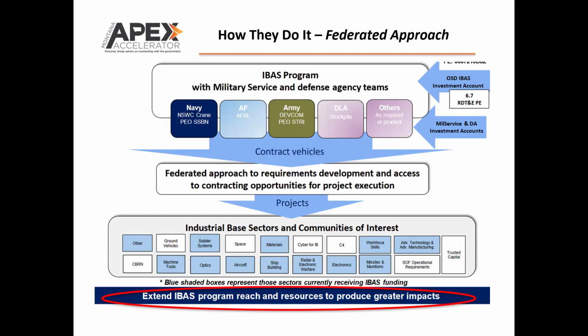The outcomes to the federated approach will be to extend IBIS program reach and resources to produce great impacts. As you can see under projects, there are a bunch of different areas that are highlighted, such as materials, workforce skills, machine tools, electronics, advanced technology, and advanced manufacturing.